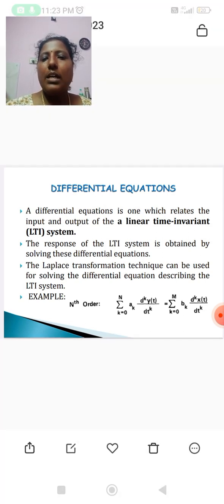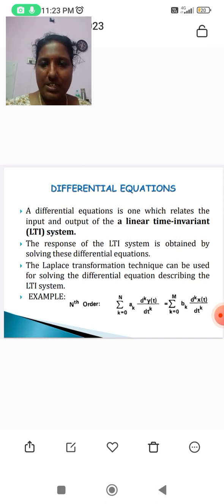Now, let us see the differential equation.